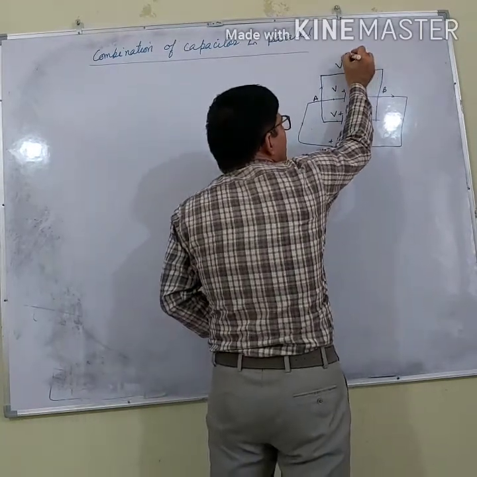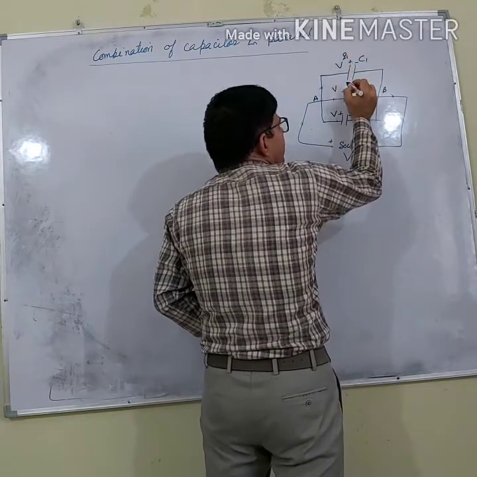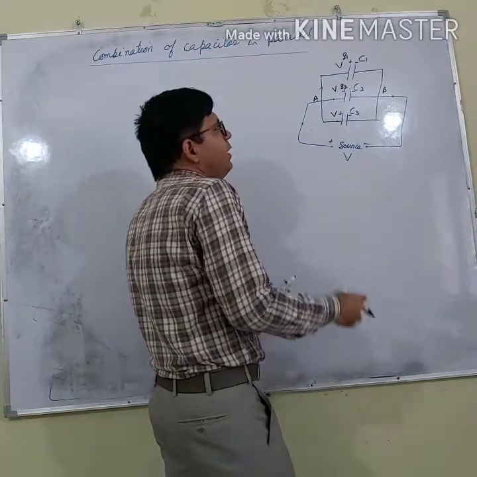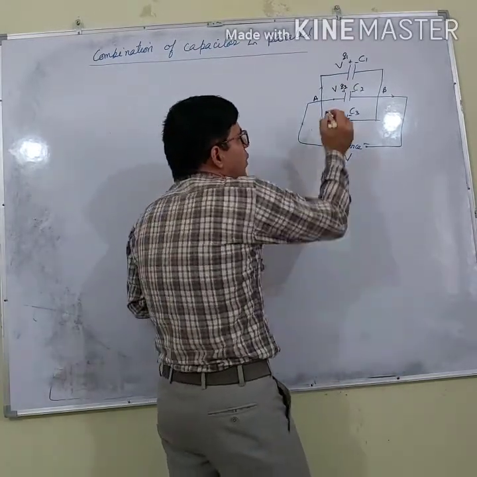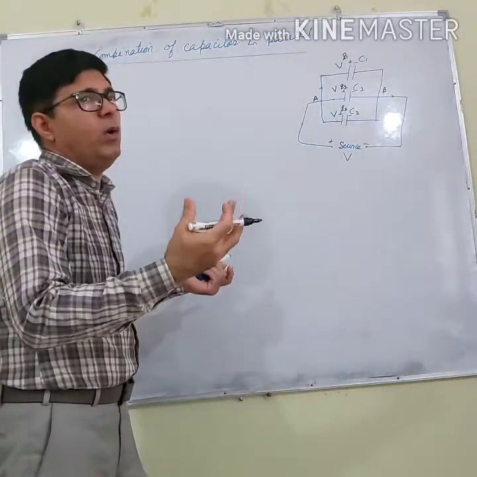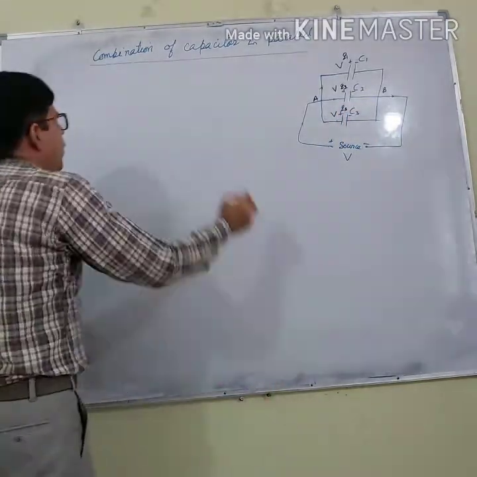So I can say Q1 is the charge on each plate of C1, Q2 is the charge on each plate of C2 and Q3 is the charge on each plate of C3. So what can I say?